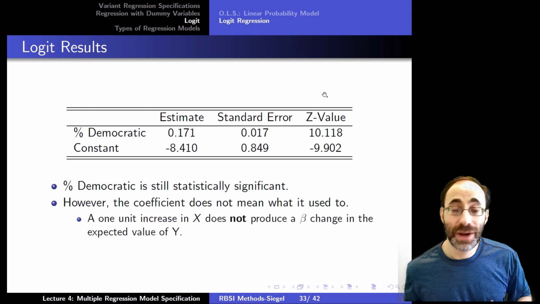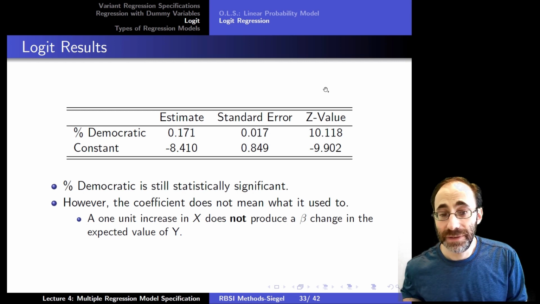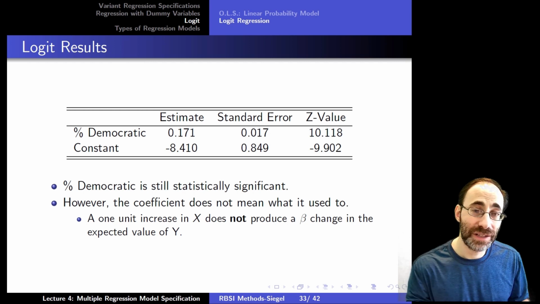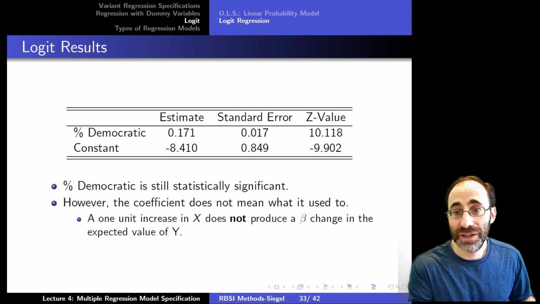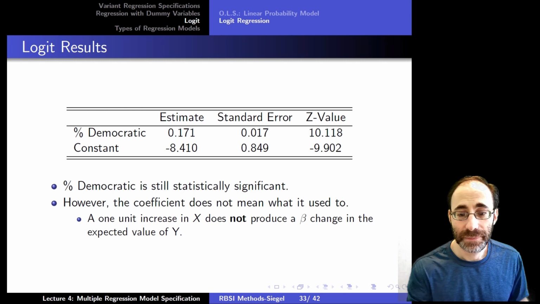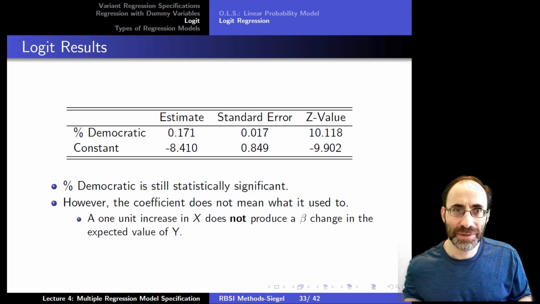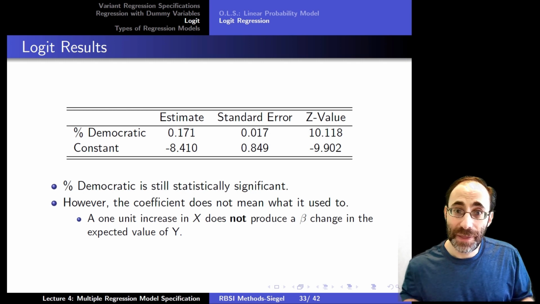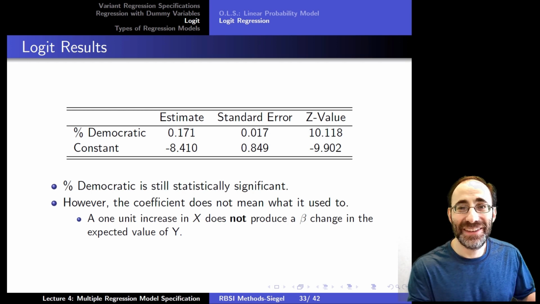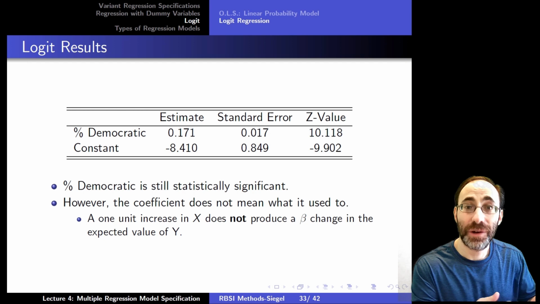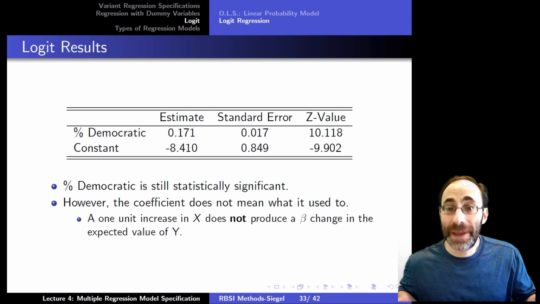It is, in this case, so as before, we can reject the null hypothesis that the percent Democratic has no effect on the chance that the district votes Democratic. So that's all the same as before.